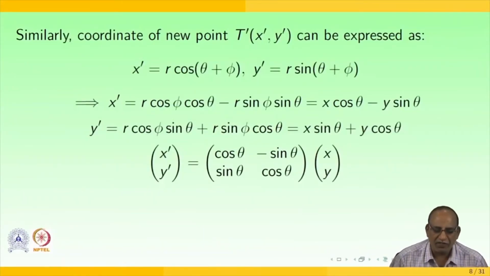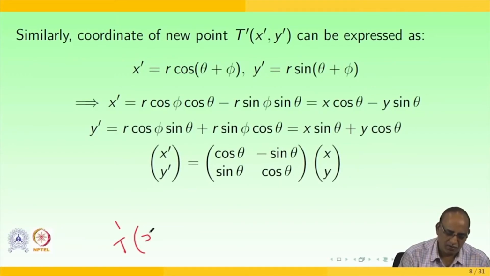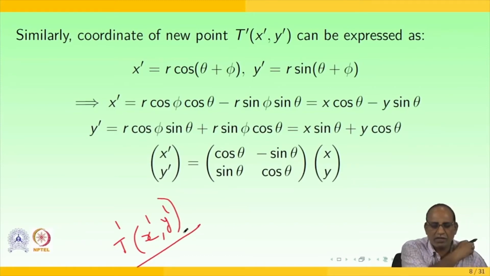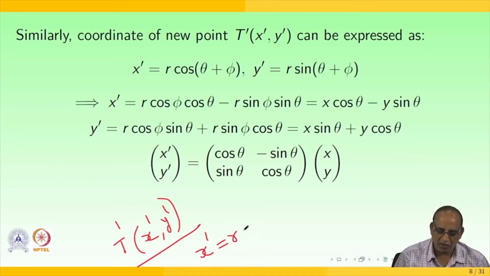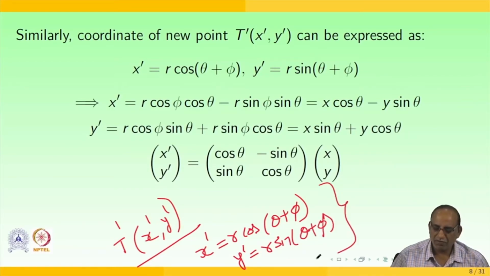Similarly, the coordinates of the new point T prime of x prime, y prime can be expressed as x prime equal to r cos of theta plus phi, and y prime equal to r sin of theta plus phi.